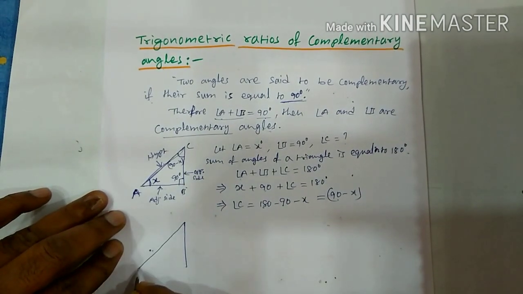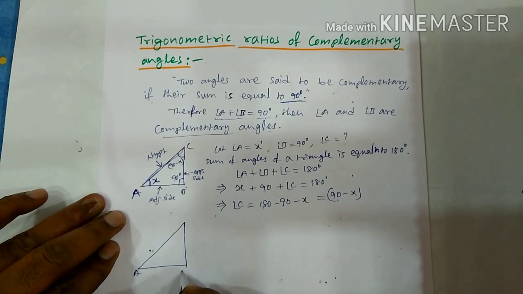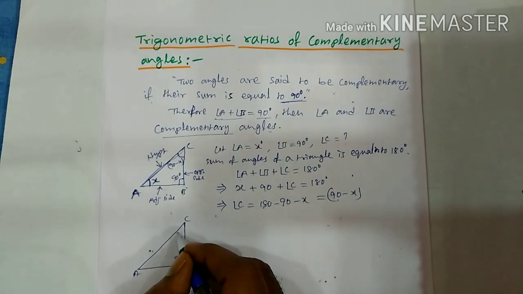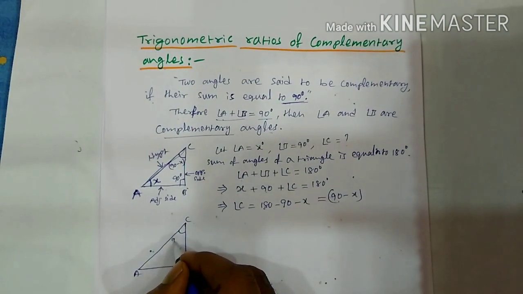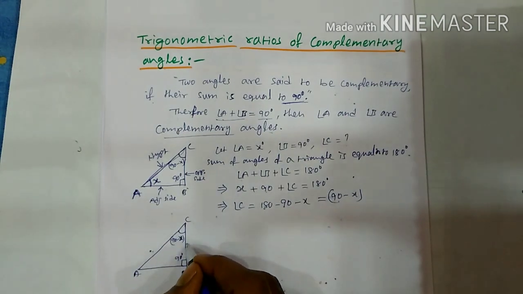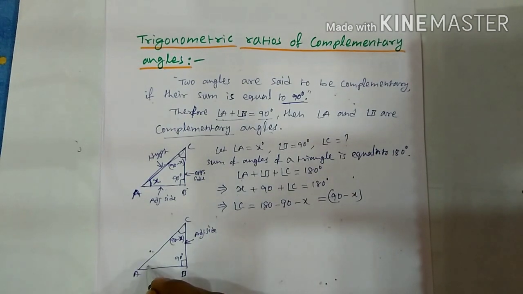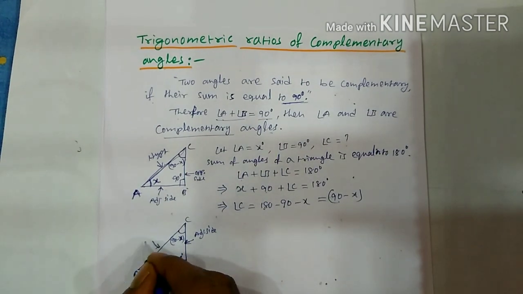Now again I am drawing triangle ABC with 90 degrees, but here if you take the angle 90 minus X, that is angle C, this is the adjacent side, this is the opposite side, and this is the hypotenuse.